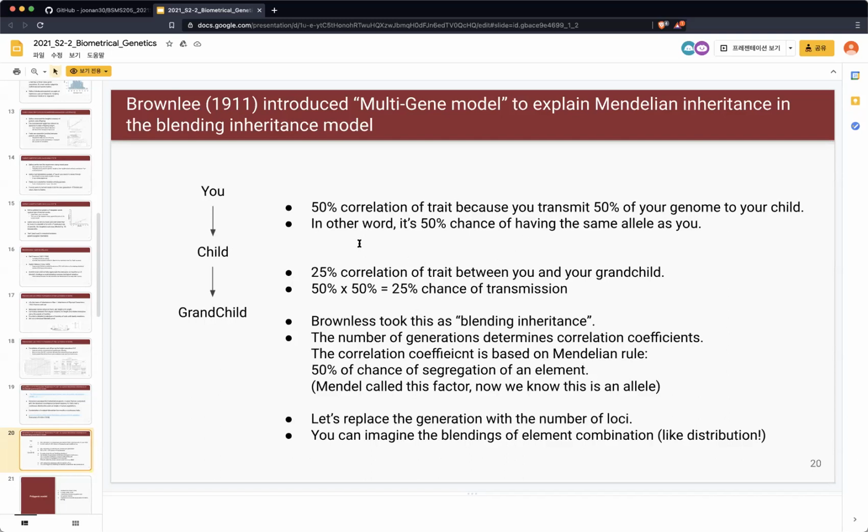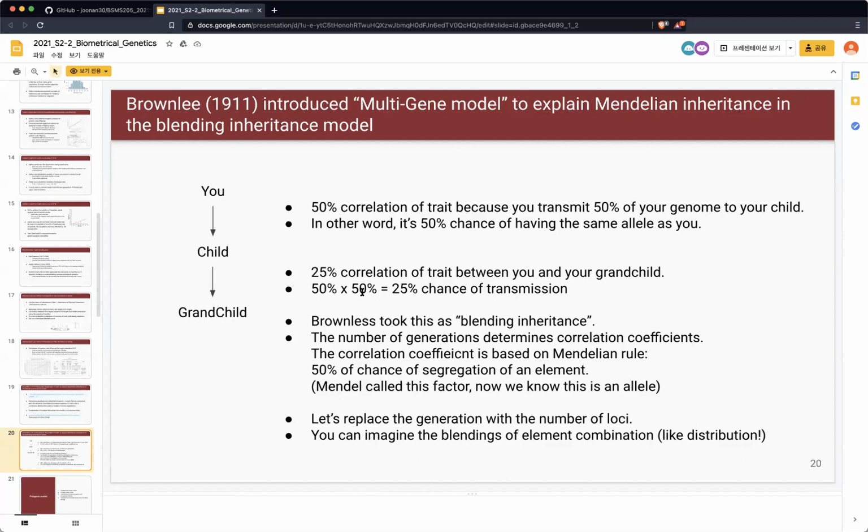You get 50% similarity between this generation, then also 50% similarity between these two generations. Then you can say that the similarity between the grandfather and child, or you and your grandchild, is 25%, because you get 50% transmission and then 50% transmission. That has to be a 25% probability of transmission, so the background similarity or correlation is 25%.